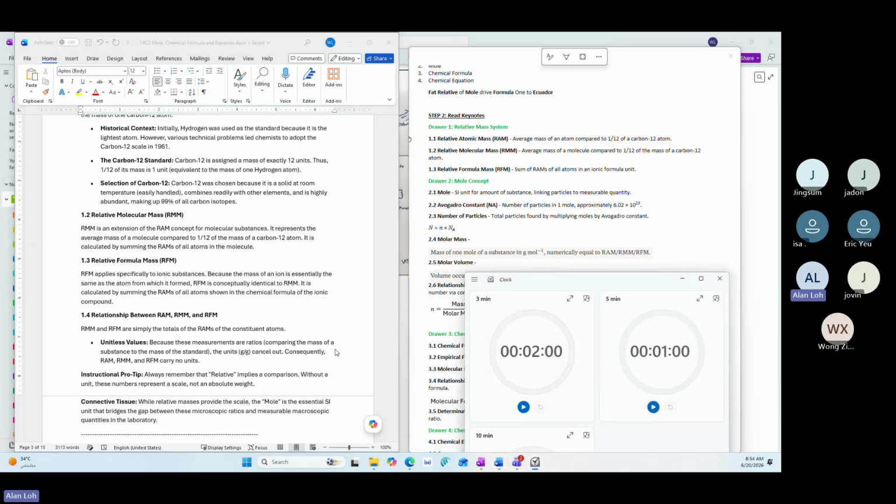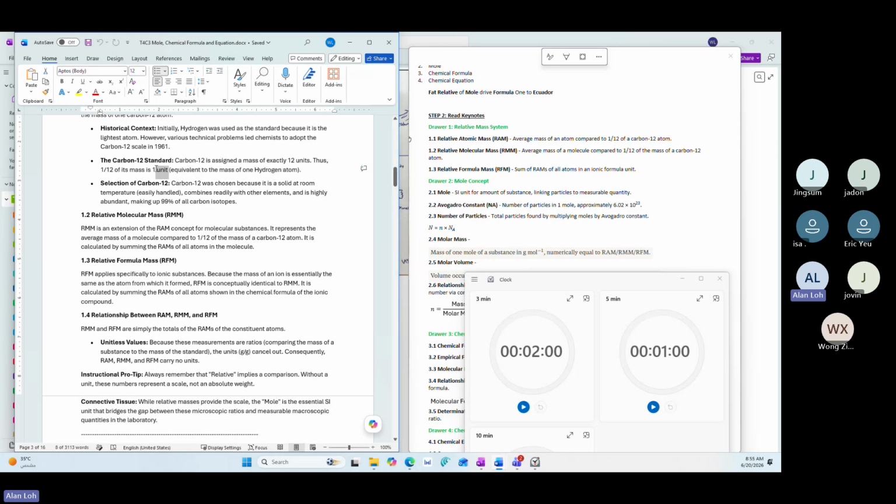All right, let me give you a very short explanation. How do they use this to weigh an atom? There are many types of atom. You have hydrogen atom, oxygen atom, carbon atom. There are so many atoms in the world, right? And hydrogen atom is apparently the lightest. So they initially used hydrogen atom as 1 unit.